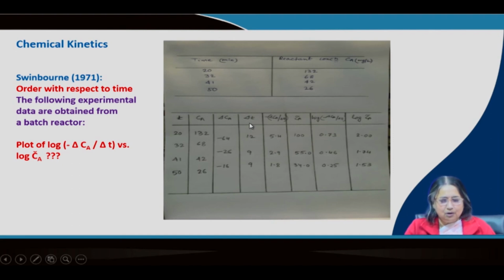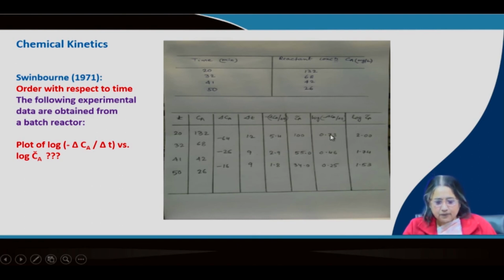Now you have the delta CA values and delta t values. Then you calculate delta CA by delta t in this column, and this is the average. What is the average? This one plus this one by 2, this one plus this one by 2, like this. So this is the CA average; average actually means midpoint.